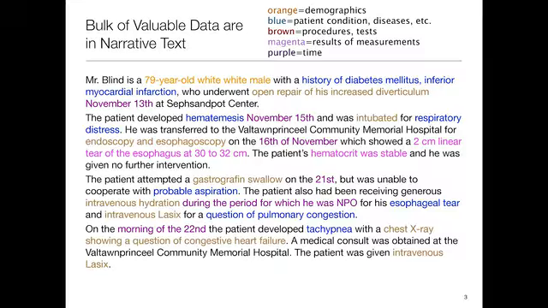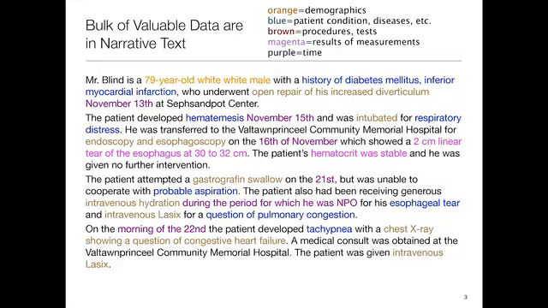So if you look at something like this, you see that Mr. Blind is a 79-year-old white male, with a history of diabetes mellitus and inferior MI, who underwent open repair of his diverticulum on November 13th at some medical center, again, that's not the name of the actual place.